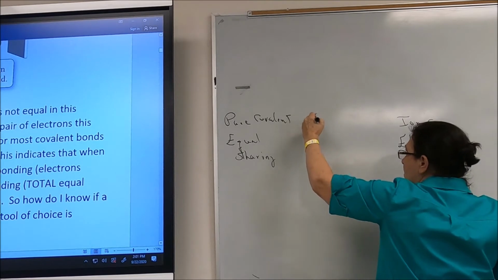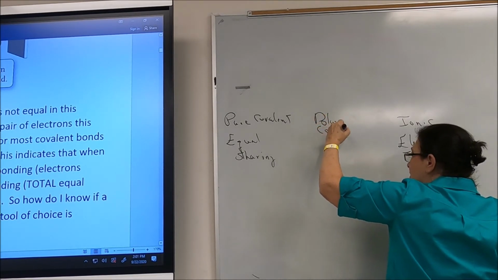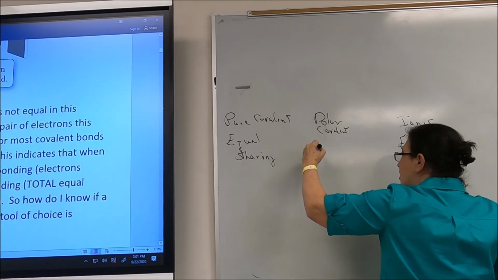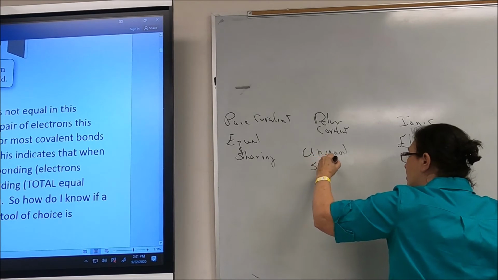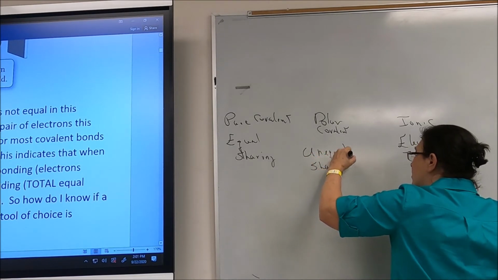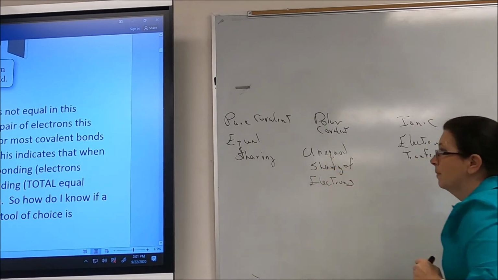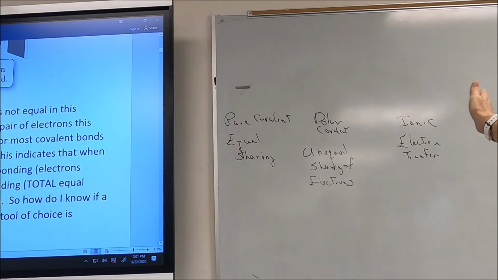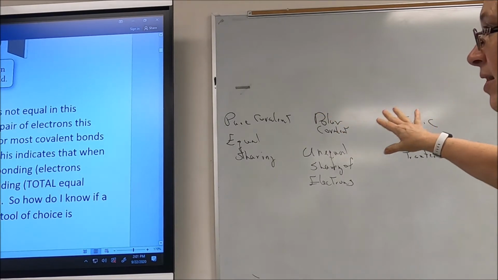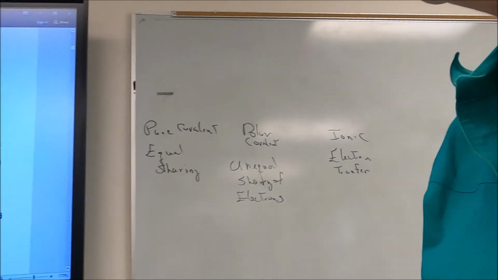And somewhere here in the middle, we have polar covalent, which is unequal sharing of electrons. Okay? So if we're looking from pure covalent to ionic, I want you to think about the fact that there's kind of a smear going from one to the other.